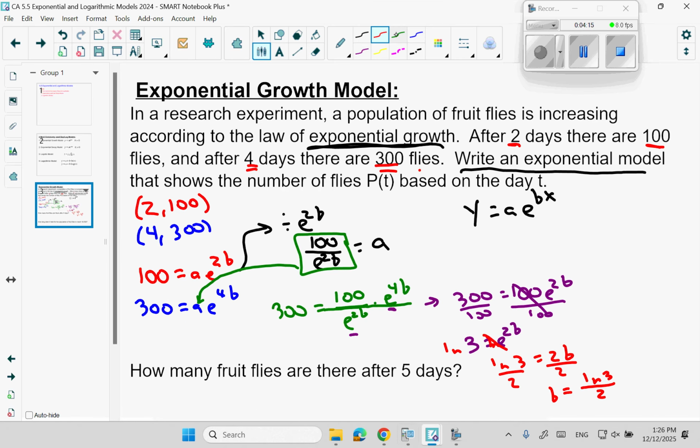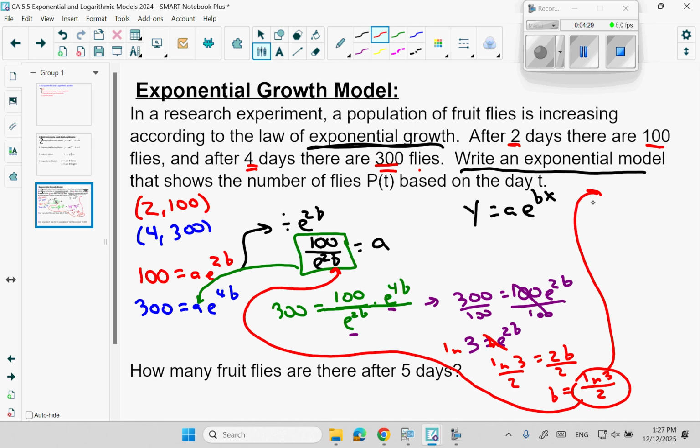So I, of course, need to take this value and plug it in to one of these equations. It doesn't matter which. For the sake of argument, I'm going to plug it in for that one because I need to figure out an a value. So we get a equals 100 over e to the power of 2 times natural log of 3 over 2. Well, these 2's are going to cancel, so I get e to the natural log of 3.